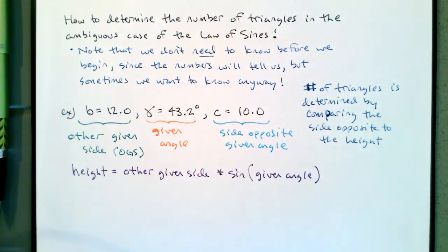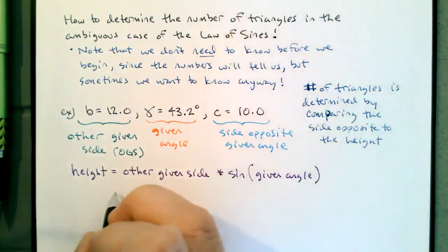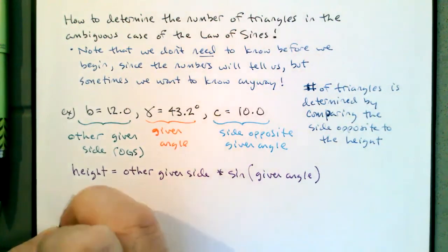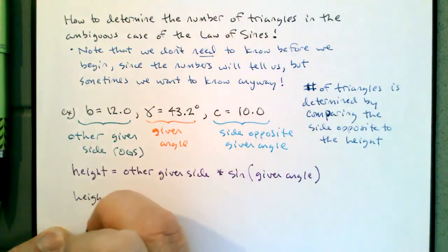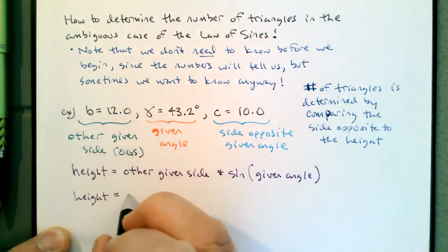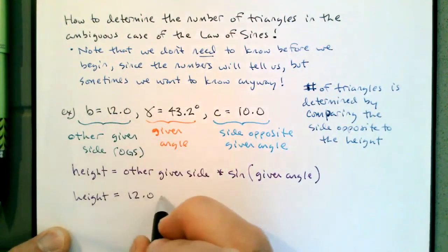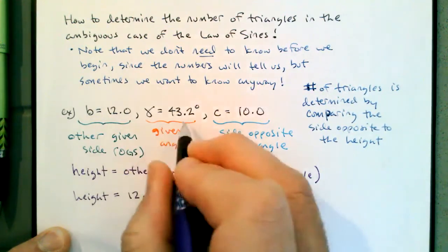So we'll compare the side opposite the given angle to the height. In this case, the height is going to be 12 times the sine of the given angle: take the other given side and multiply by the sine of the given angle.